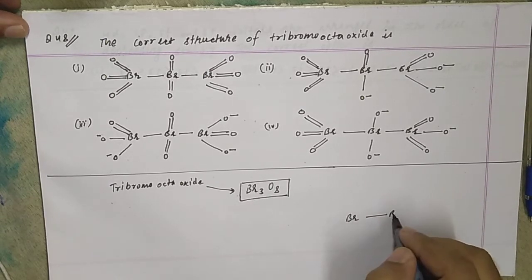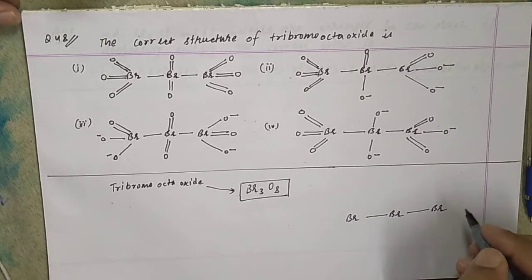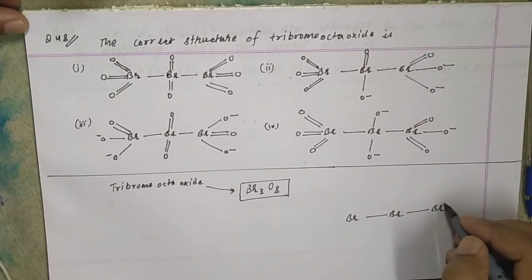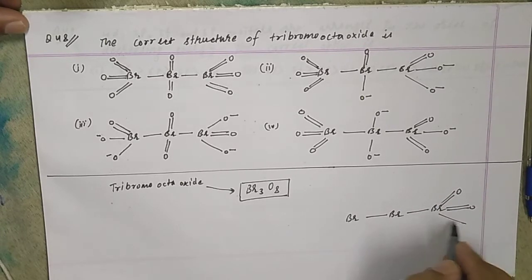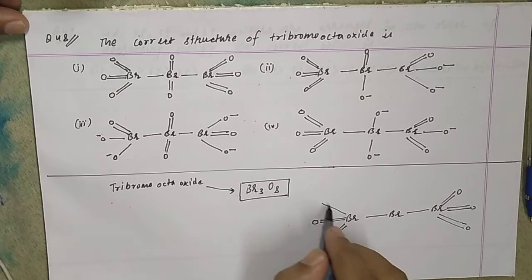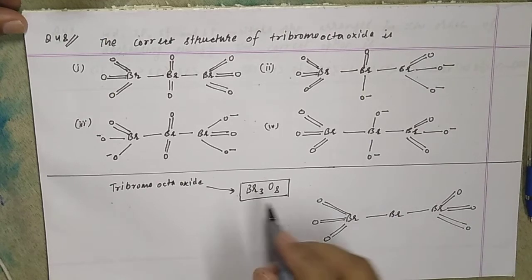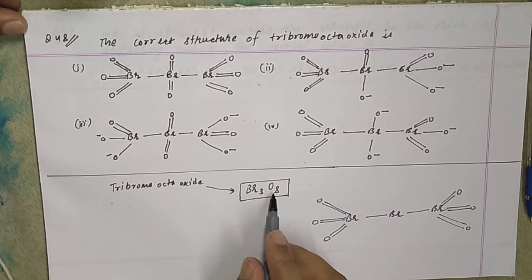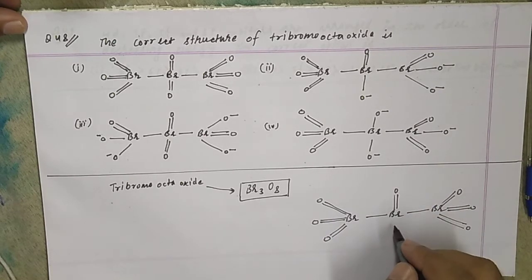Bromine is 3, and the valency of bromine is 7. So how can you put the 7? That is 1, here is 2, here is 3, and here is 1, here is 2, and here is 3. And how many oxygens? 8. 3, 3, 6, and upside 6, 7, and downside 1, 8.